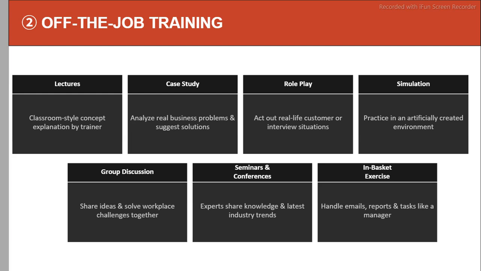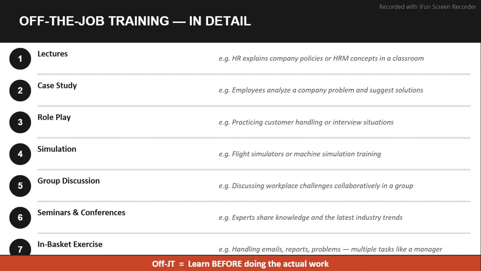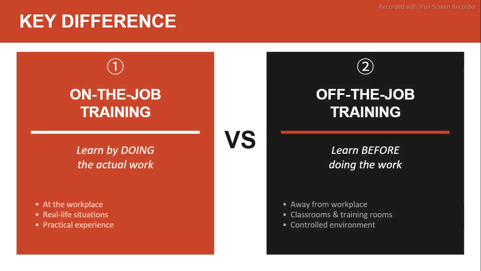So overall, off the job training is learning before doing the actual work. That means learning away from the workplace. As I have already discussed, what is the major difference? On the job training methods means learning by doing the actual work.